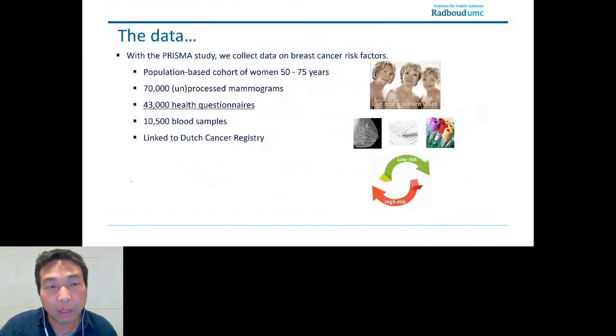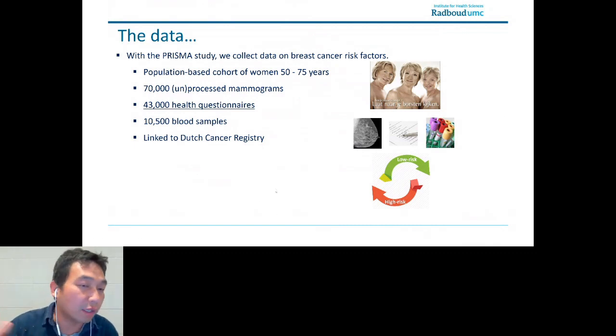I would like to give you some numbers regarding the data. Within the PRISMA study, we collect data on breast cancer risk factors. As mentioned, it is a population-based cohort of women aged 50 to 75 years, and we collected 70,000 unprocessed mammograms, and there are also 43,000 health questionnaires completed by the participants.